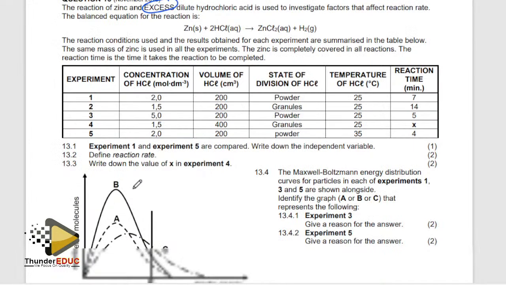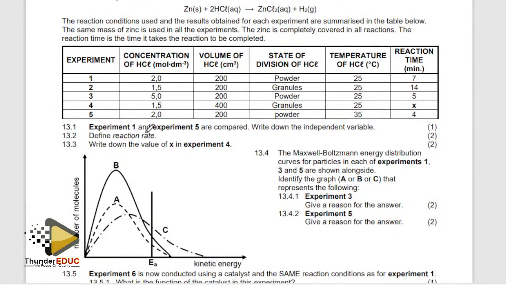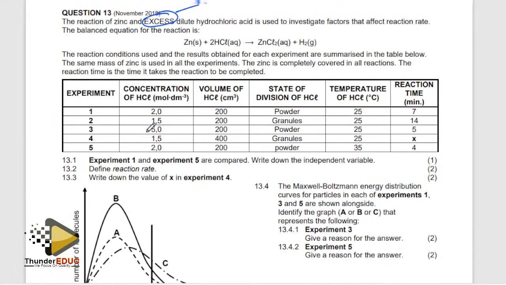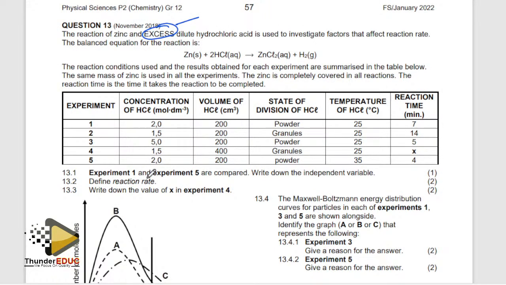Question number 1. Experiment 1 and experiment 5 are compared. Write down the independent variable and the dependent variable. What is the independent variable? They're saying experiment 1 and experiment 5, so what is different here?